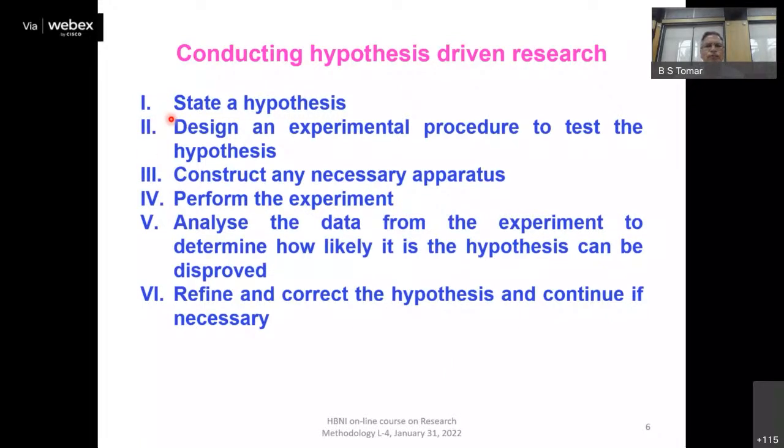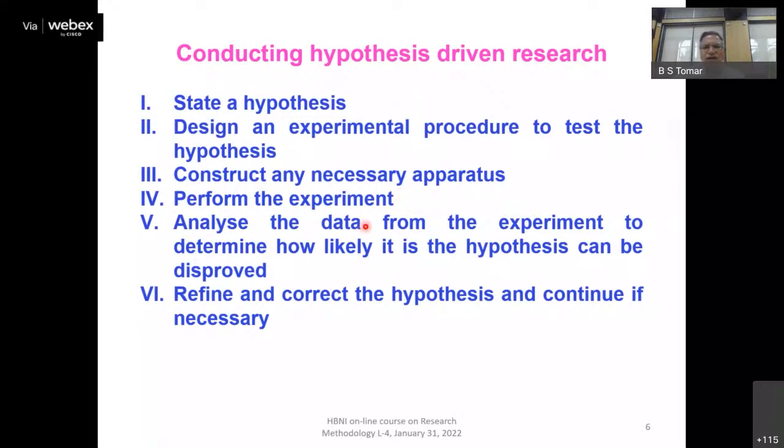Once you make a hypothesis, then you design the experimental procedure to test it. That experimental part we will discuss in the subsequent lectures. The experimental procedure may involve constructing an apparatus, or it may require some modeling, or different types of experimentation. And then you perform the experiment.